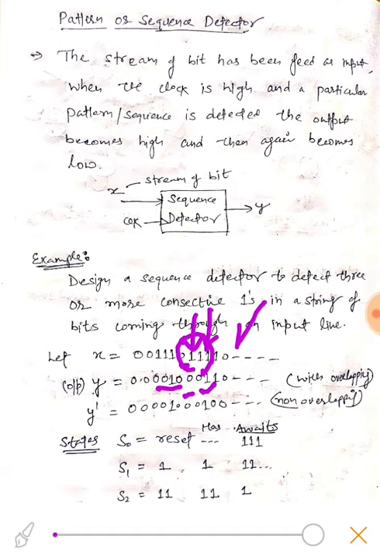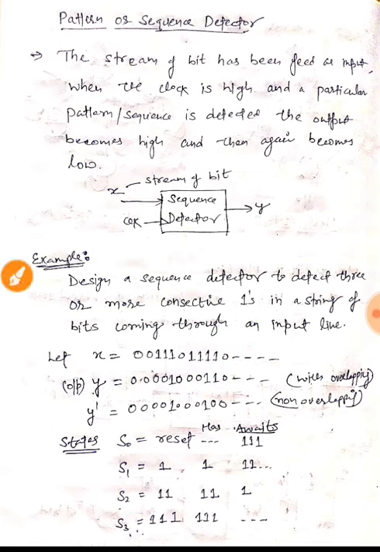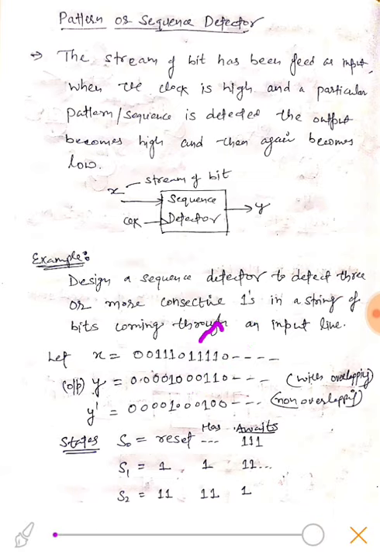And now the fourth bit is also 1, so as overlapping is allowed in this case, it will count the last bit as well. So again 1 1 1, 3 ones are there, so output would remain 1. Now as the last bit is 0, the output becomes 0 again.